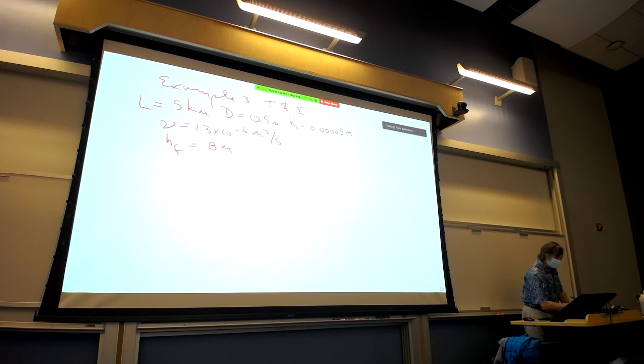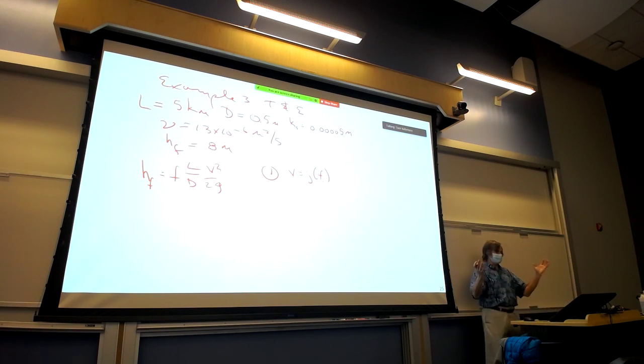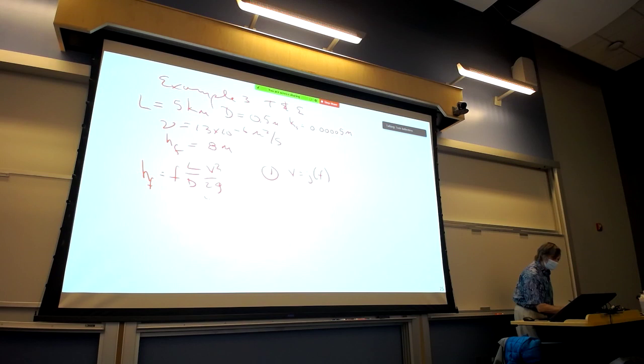And what we would say from our energy balance, H sub F is F L over D, V squared over 2g. And from that equation, again, the first step, from the energy equation, we want to get velocity as a function of friction factor. That's this equation.